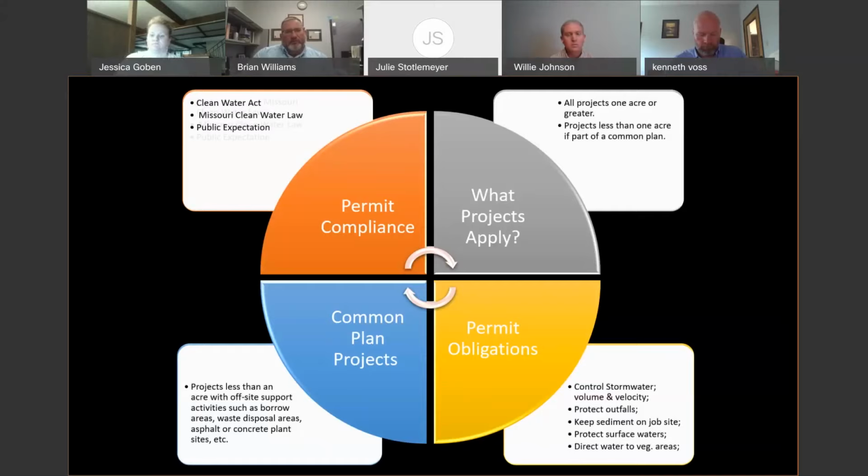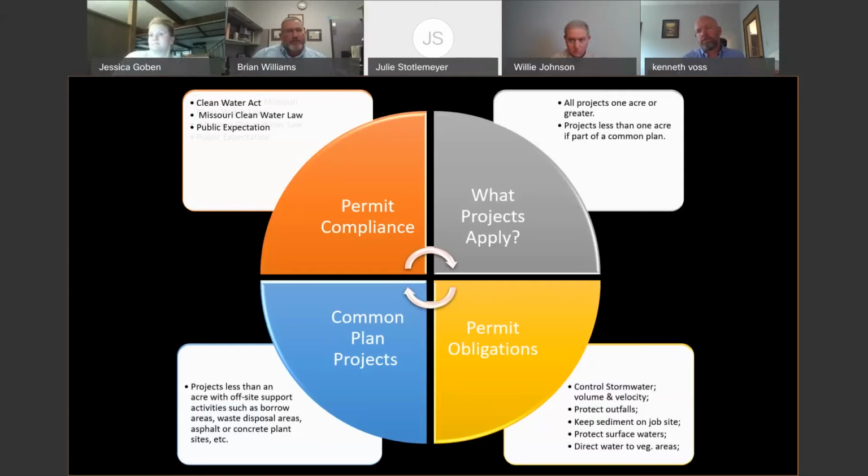The federal government used to say, and still says, that the common plan concept does not apply to state DOTs and their STIP work. But what DNR put together for MoDOT as we went to this new permit, because of how we have to deal with borrow sites, waste disposal sites, those types of things, is they reintroduced the common plan concept so that it fits more with how MoDOT does work.